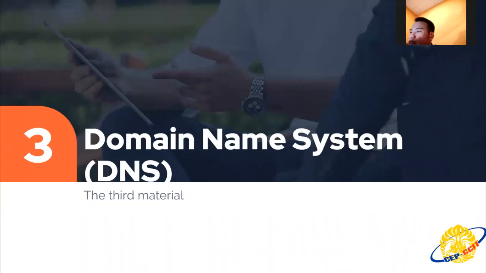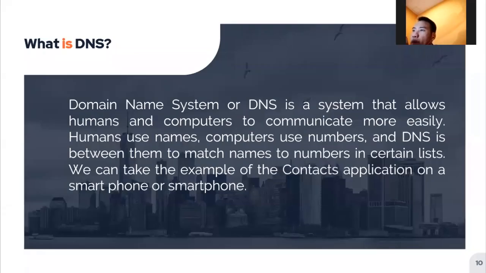Chapter 3 is Domain Name System, or DNS. What is DNS? DNS is a system that allows humans and computers to communicate more easily.